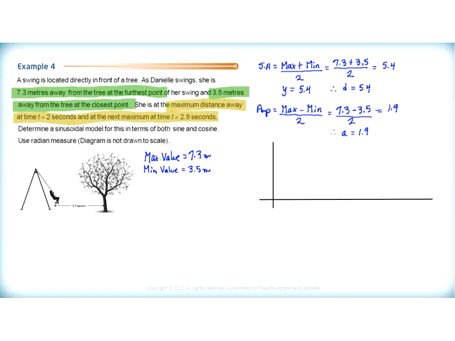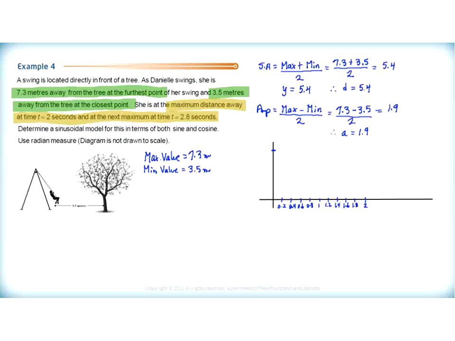So I'm going to use a scale of 0.2 on this graph to represent this situation, going up in increments of 0.2. So we have 0.2, 0.4, 0.6, 0.8, 1, 1.2, 1.4, 1.6, 1.8, and 2. And at 2 seconds, she is at a maximum distance.